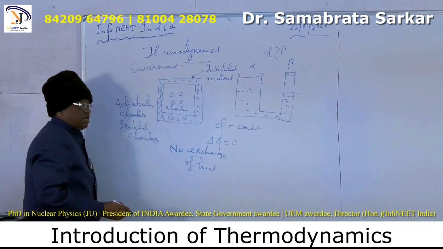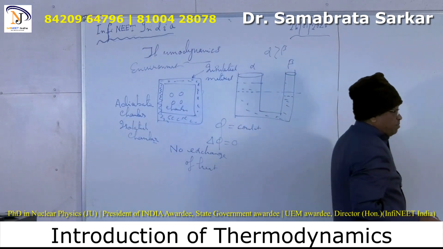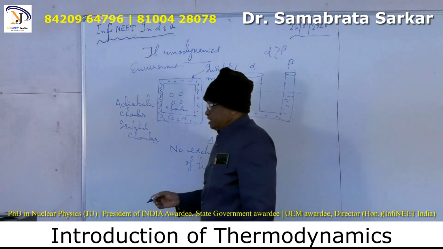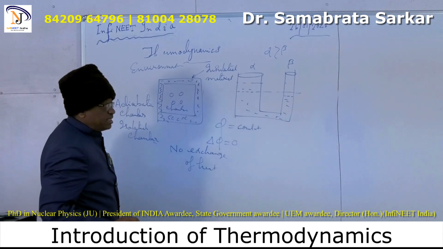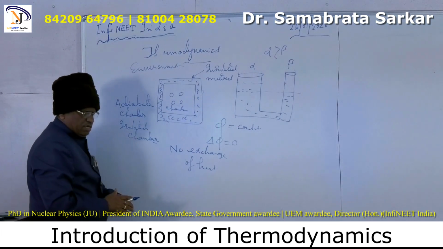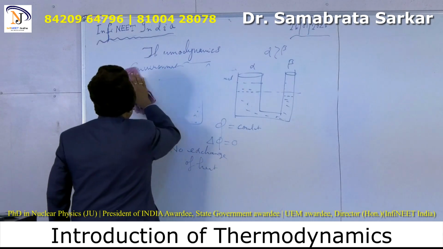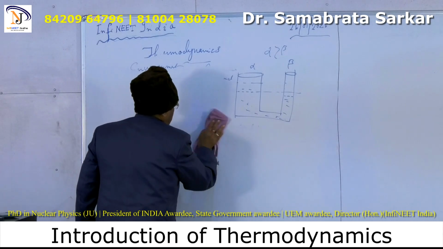What should be the definition of equilibrium? We deal with equilibrium with some certain gas. Here the gas we consider as an ideal gas. What type of gas is it? Ideal gas. The ideal gas equation you all know.